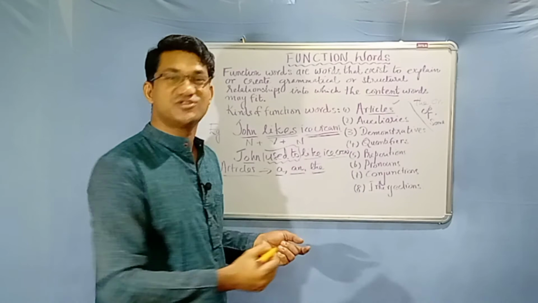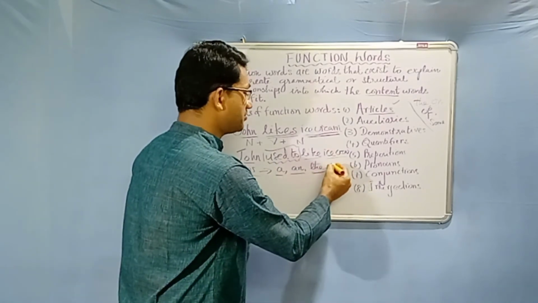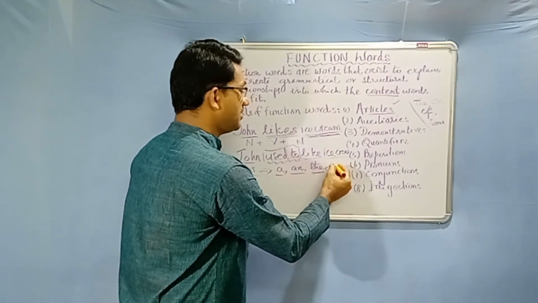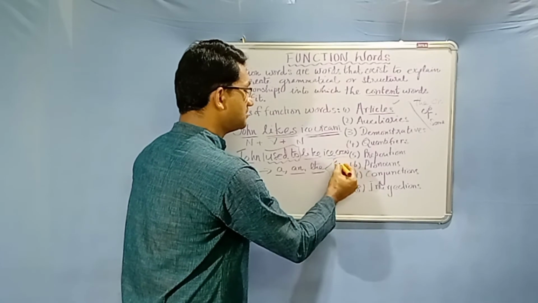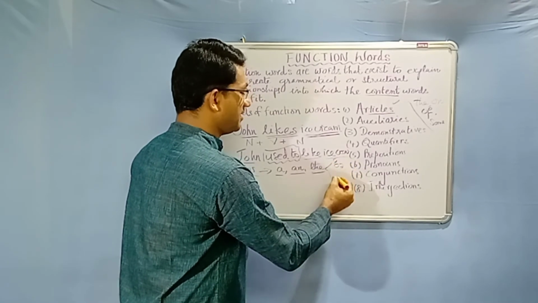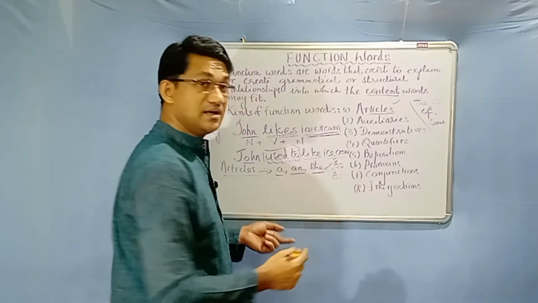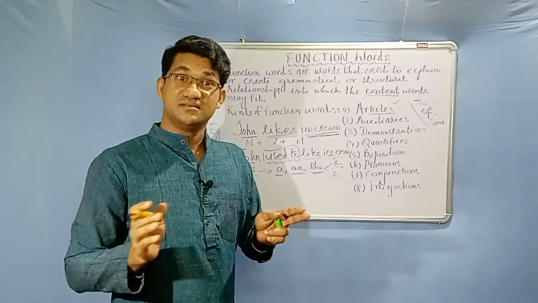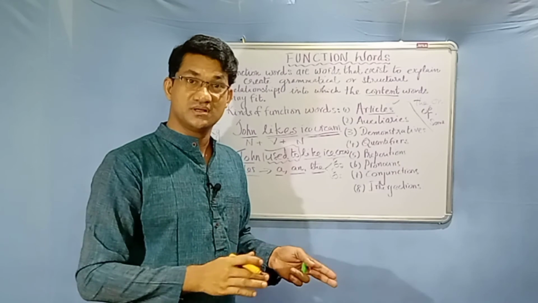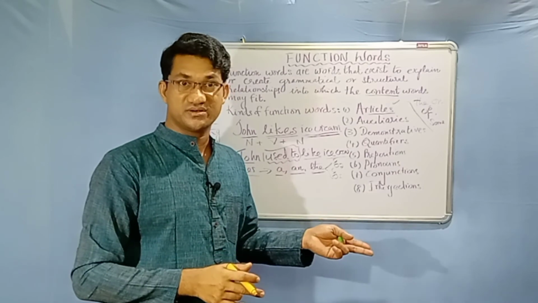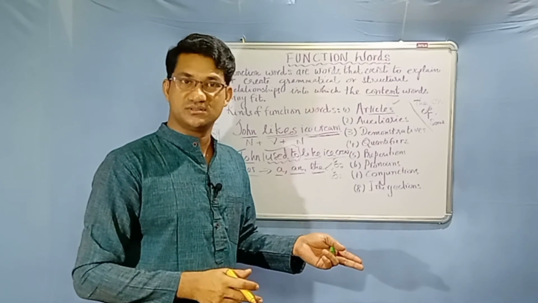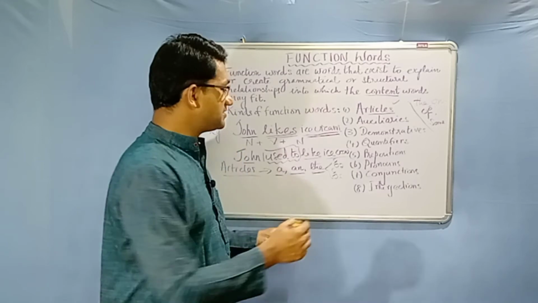All right, so a, an, and the. I said the because it has two pronunciations. Remember, it is pronounced one way on one side, and another way on the other side. We say the book. The book I bought yesterday is damaged. Why is it pronounced this way in the book?